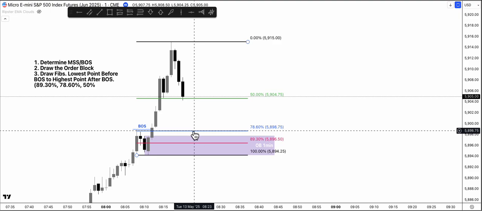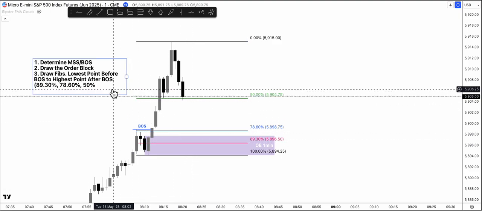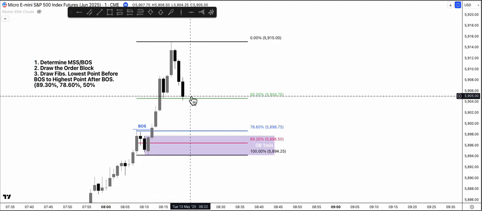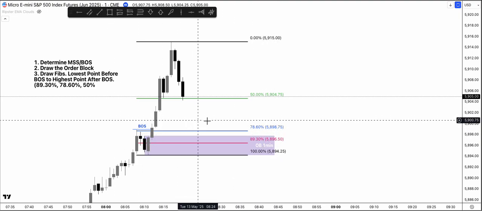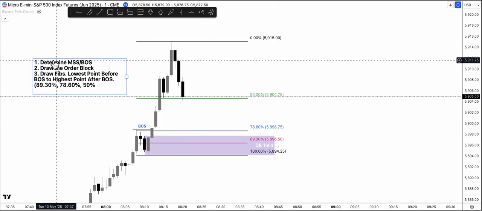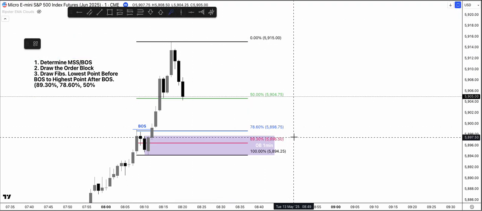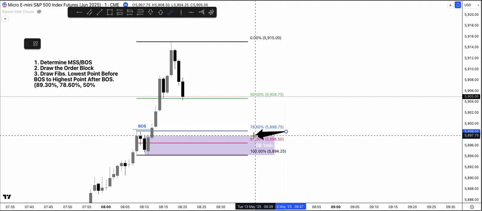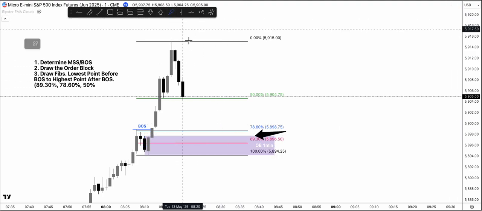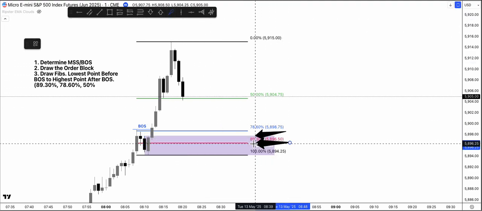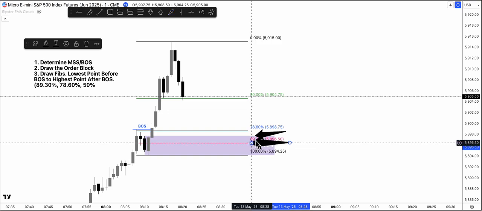It's between the blue line and the red line. So I'm waiting for price to come back into the order block to take half position at the initial value of the order block, and another half position here at the red line.